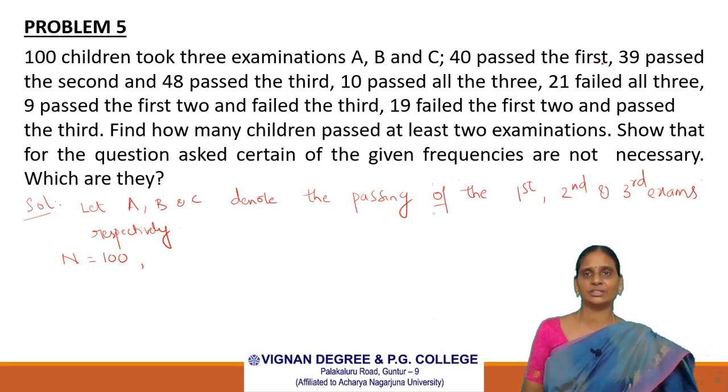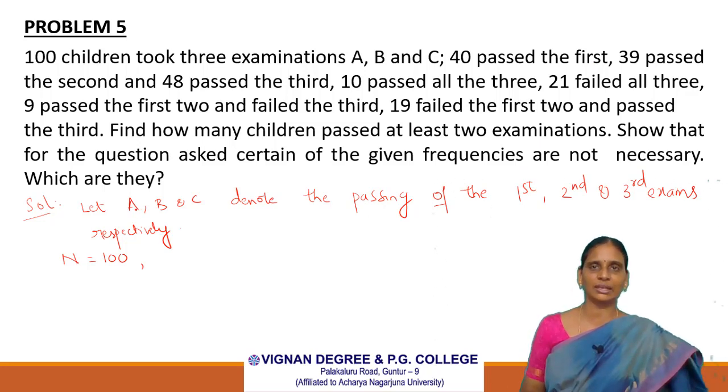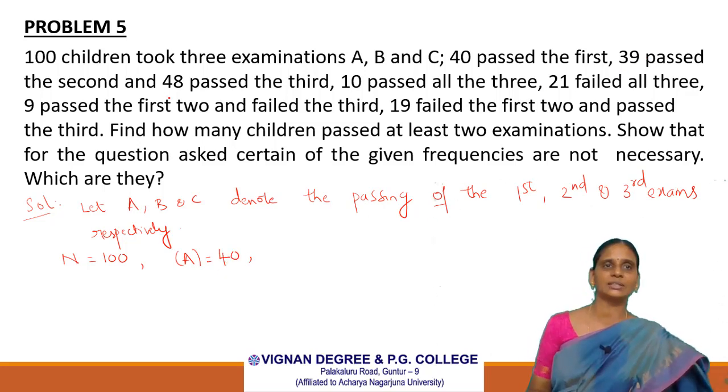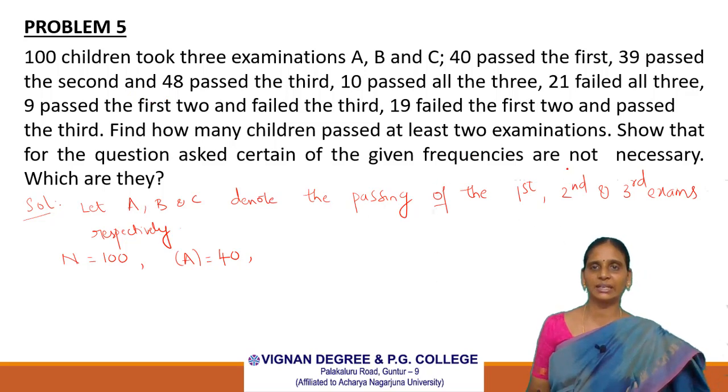40 passed the first exam. So the first exam is denoted by the attribute letter A. So 40 passed the first means frequency of A is equal to 40. And next one is 39 passed the second. So the second examination denoted by the attribute B. So frequency of B is equal to 39.